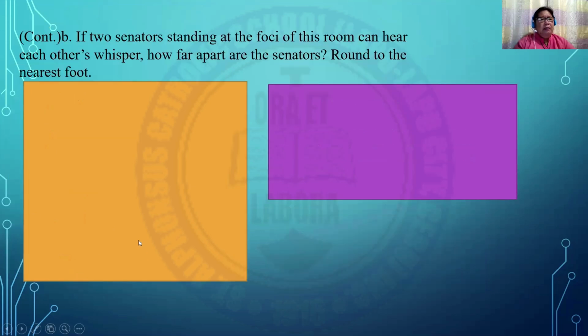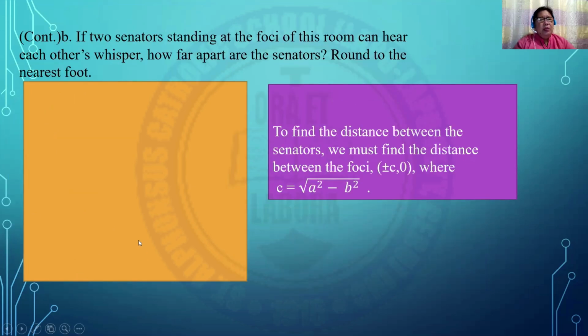And for part b, to find the distance between the senators, we must find the distance between the foci, which is (positive or negative c, 0), where c is equal to the square root of a squared minus b squared.